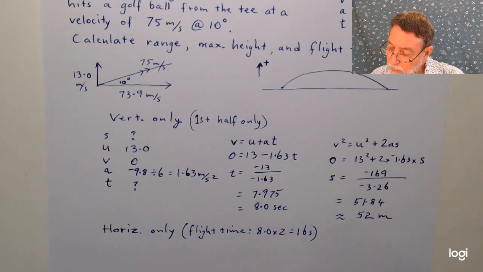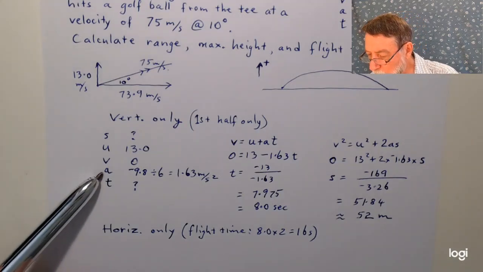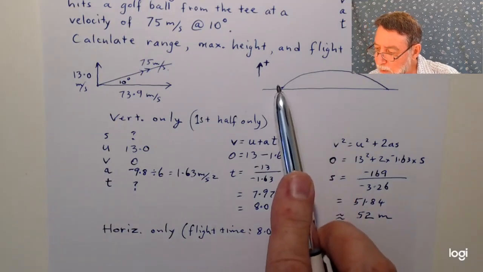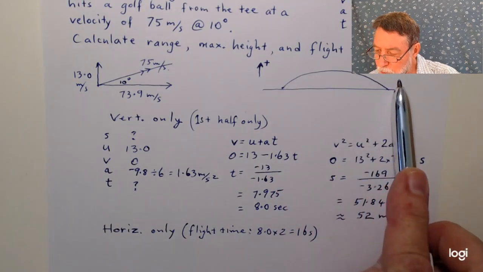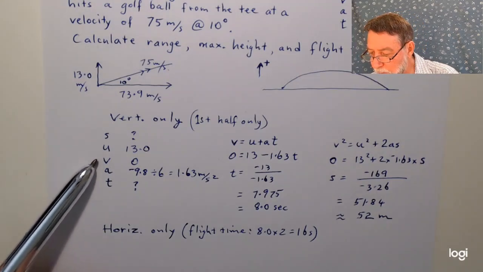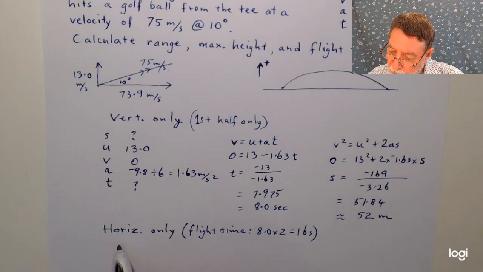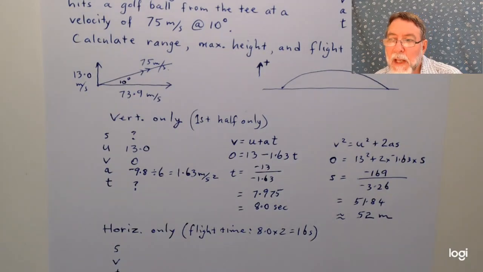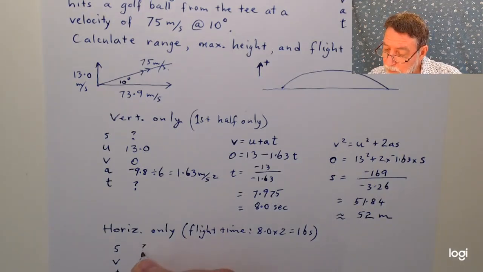This time there's no acceleration, so you can ignore acceleration for horizontal motion because we assume uniform velocity horizontally, and initial and final will be the same figure. So I've just got 3 variables to worry about this time, S, V and T. S is the thing I'm looking for.